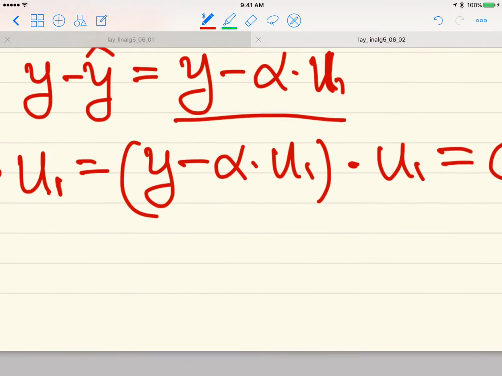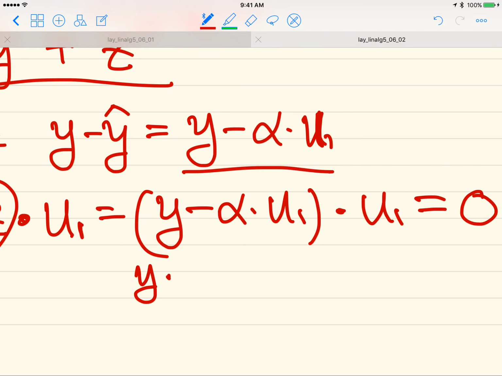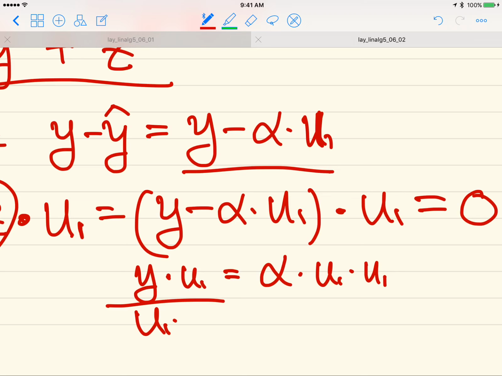And so y dot u1 equals alpha times u1 dot u1. And so alpha should be this, right? So we suddenly got the exact same answer as the previous one.